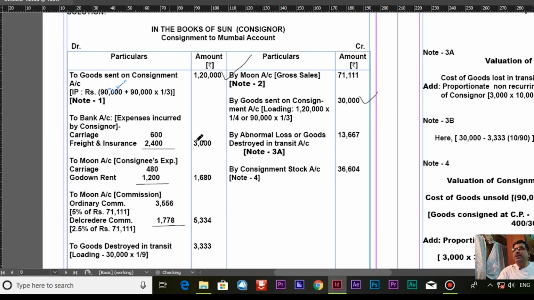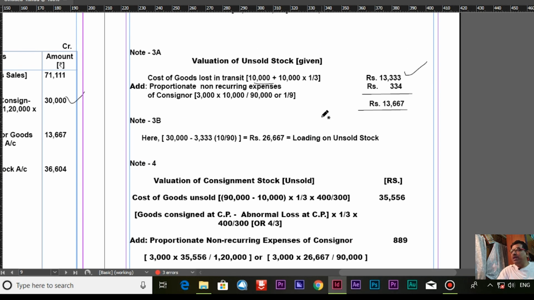Here it is 90,000. Therefore, we got the ratio 1 by 9, that is 10,000 divided by 90,000. Naturally, proportional non-recurring expense of consignor is 3,000 into 10,000 divided by 90,000, that is 334 only.